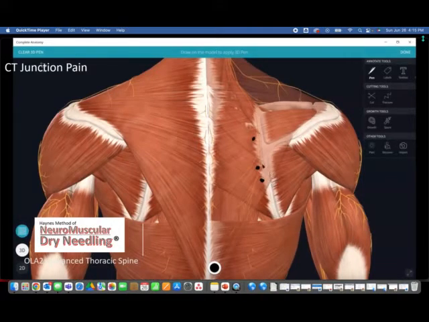Rhomboid major, if at all possible, we want to peck onto this medial border periosteum. For serratus anterior and subscap, we want to move anterior into the anterior aspect of the scapula. And so actually we want needle placement to terminate right about here, but on the anterior aspect. And so that is the tertiary level for the CT junction.